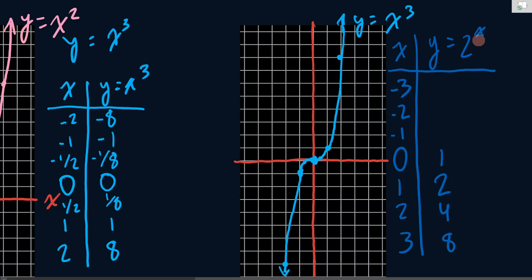Now negative exponents, of course, make this a fraction. So 2 to the negative 1 is 1 over 2. 2 to the negative 2 is 1 over 4. And 2 to the negative 3 is 1 over 8. And so this function starts here at 0, 1, then goes to 1, 2, then 2, 4, then 3, 8, and then this way it goes down to a half, a quarter, and an eighth.